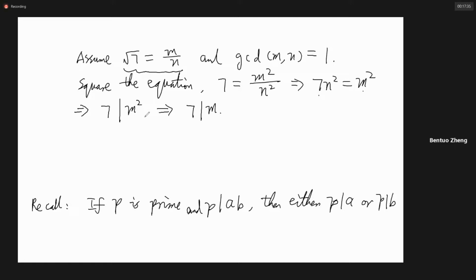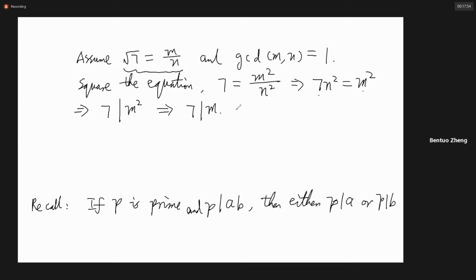Both A and B are m. So 7 divides m squared would imply 7 divides m or 7 divides m. So in any case, 7 divides m. Okay, so this is the lemma we use in this step.